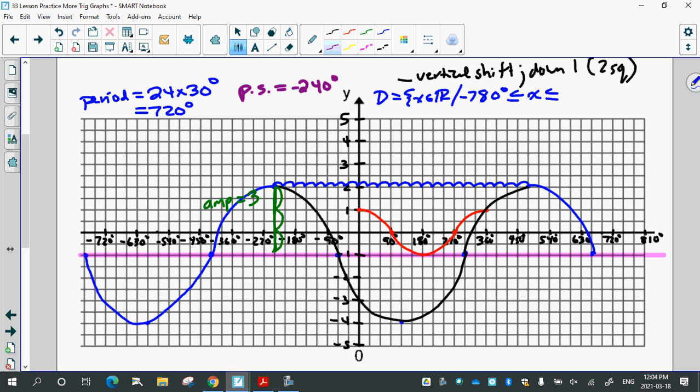And then I go as far as 1 square after 630, so that's 660. And then my range, the lowest I get is -4. And the highest I get is 2.